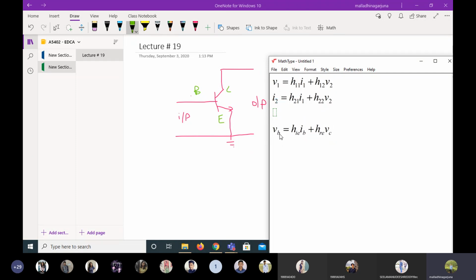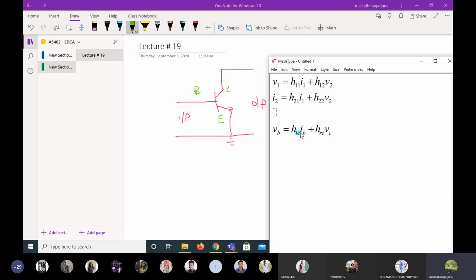So V1 becomes VB. Since this is AC analysis, you have to represent quantities with small letters, not capital letters. If it is DC bias analysis, we represent the electrical parameters with capital letters, but in AC analysis we represent them with small letters only. VB equals H11, which is HIE.